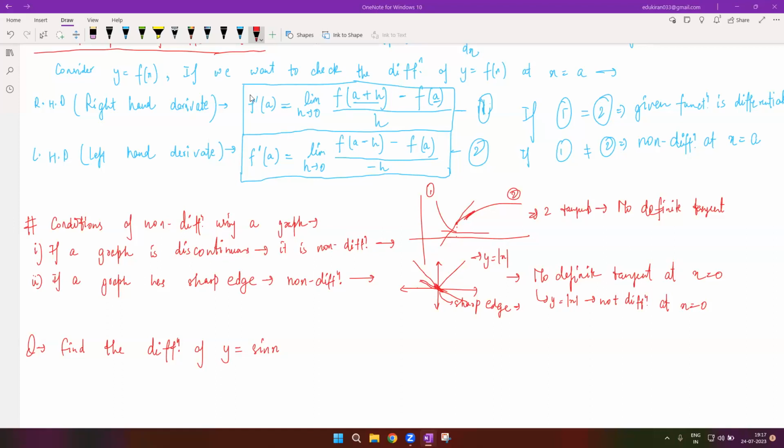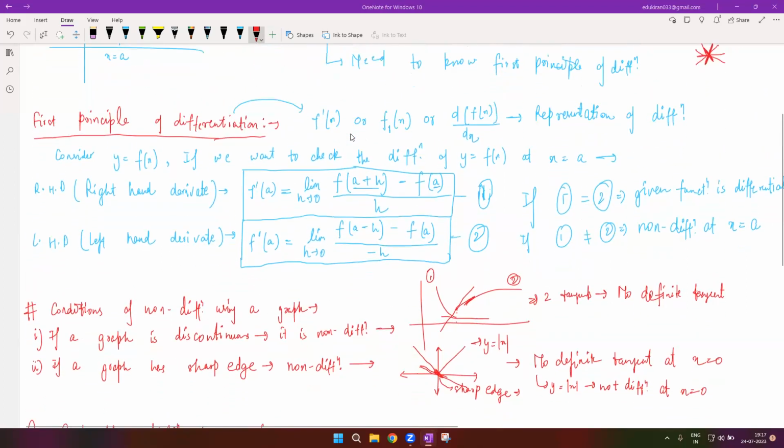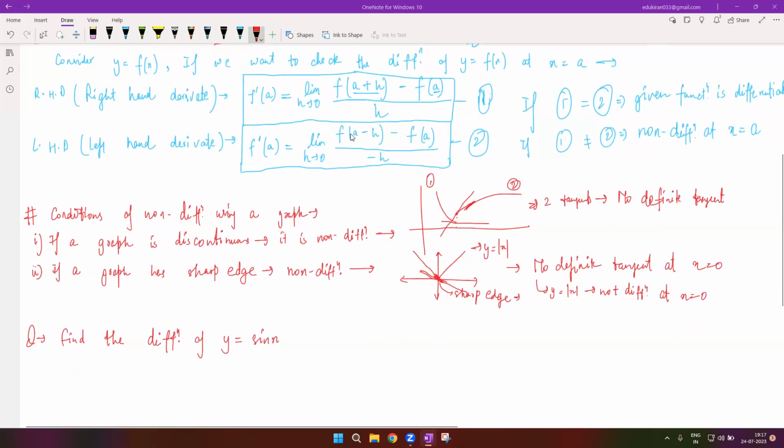When I want to find the general differentiation, in place of a, I will use x. So I'll use f of x plus h minus f of x divided by h, and f of x minus h minus f of x divided by minus h, right? And if I want to put a particular point, then I'll replace x with that particular point.